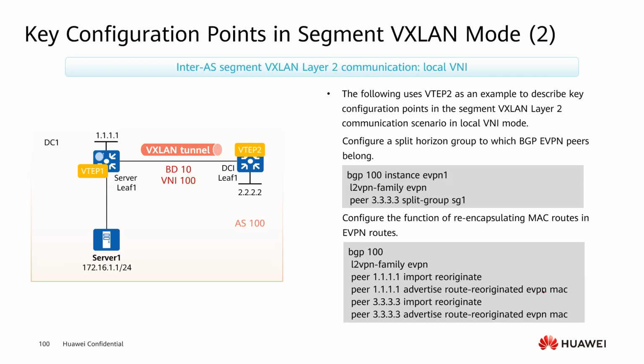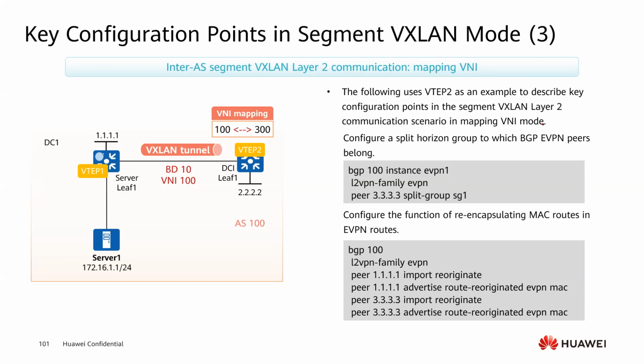You will find that we just need to configure it for level 2 communication. So we just need to regenerate the type 2 route about the MAC address. We don't need to regenerate the information about the type 2 ARP route.